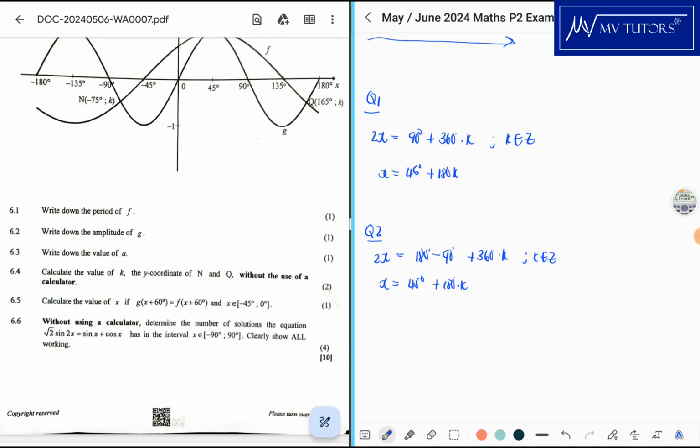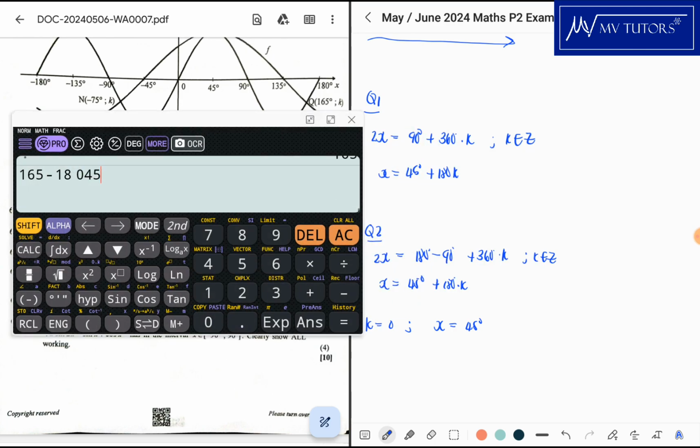So we know that if we use k equal to 0, then x will be equal to 45 degrees. But if I use k is -1, I'm going to say 45 degrees minus 180. That's outside of the range.